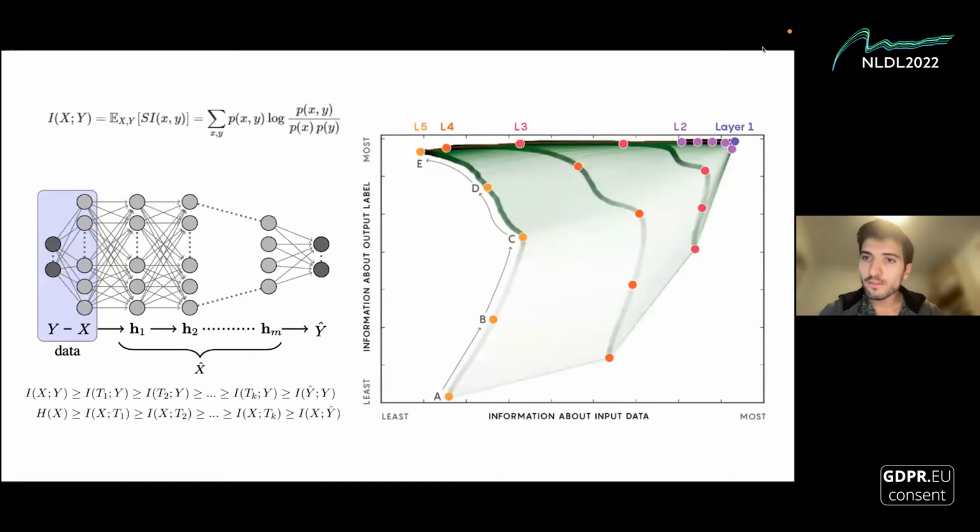In the information plane, you can see the shading: the light is at the start of training, and then it gets darker and darker as you get further along in the training. So what could this tell us?